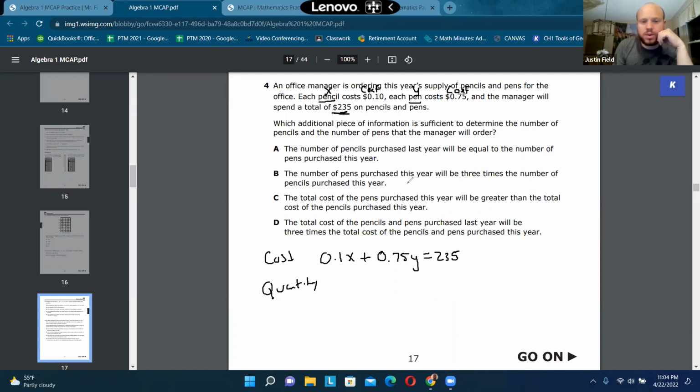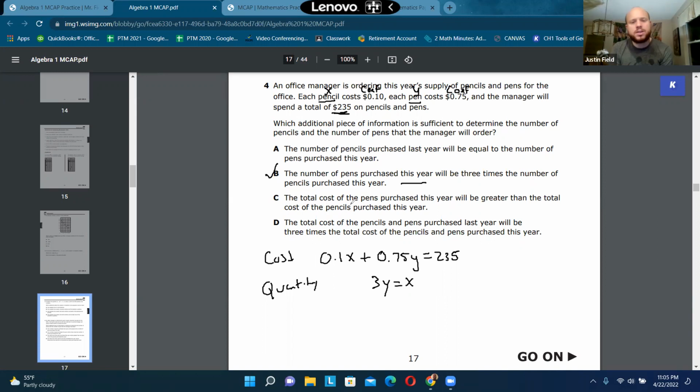Oh, so this could work. So the number of pens purchased this year will be 3 times the number of pencils. So, and pens is Y, so that means 3Y is equal to X. So then we could take that 3Y and we could substitute it in for X. So I think B is going to work, but let's read the rest.